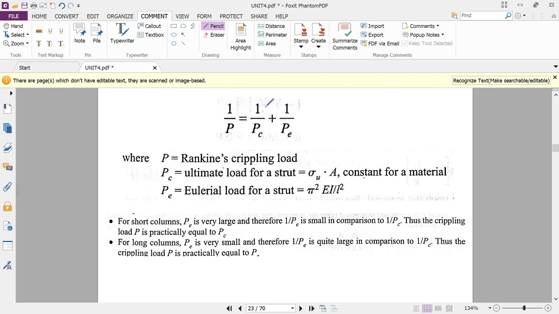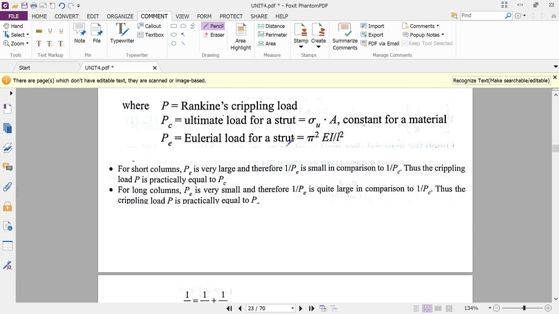1 by P is equal to 1 by PC plus 1 by PE, where P is the Rankine crippling load, and PC is the ultimate load of the strut, which can be taken as sigma C into A for a constant material. Then PE is the Euler crippling load. So he has formed one particular equation which is applicable for the shorter column, and along with that he has also incorporated the formula of the Euler buckling load.